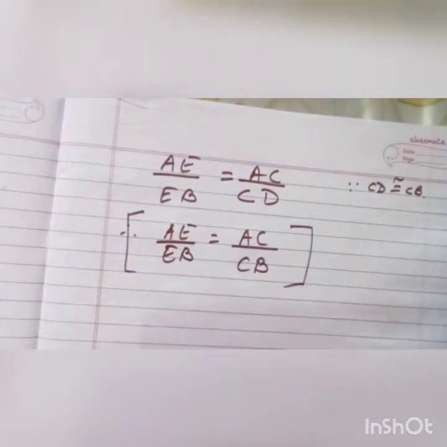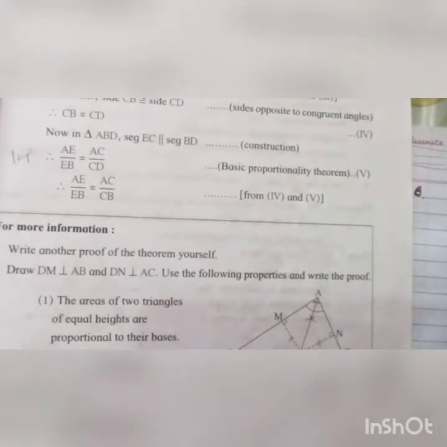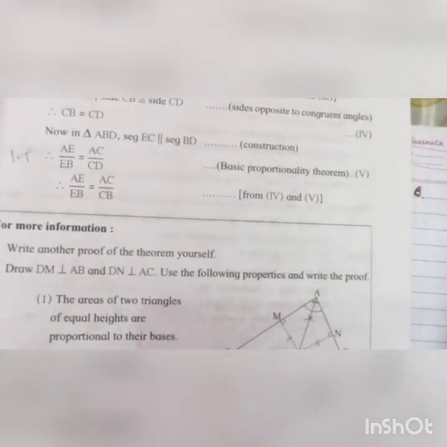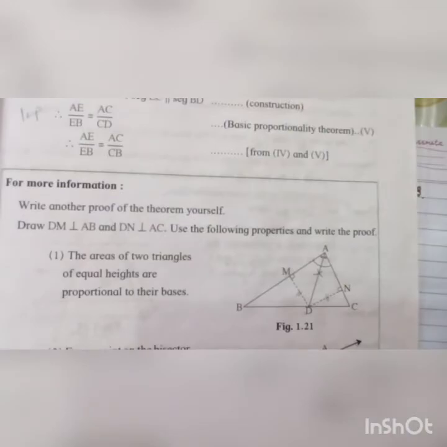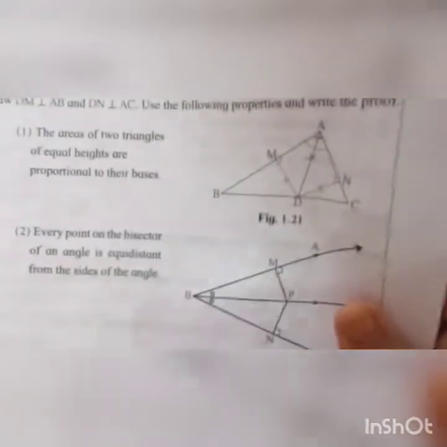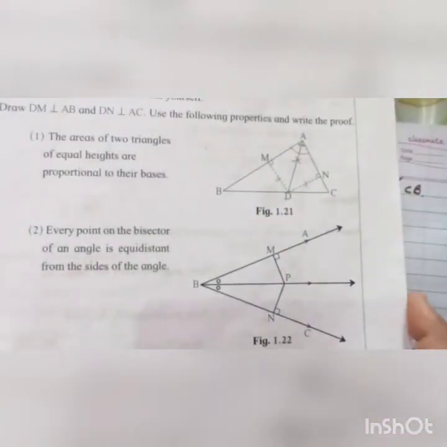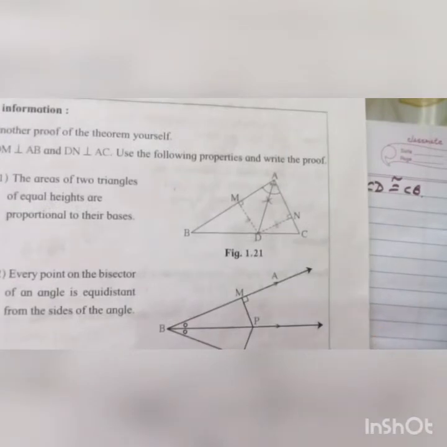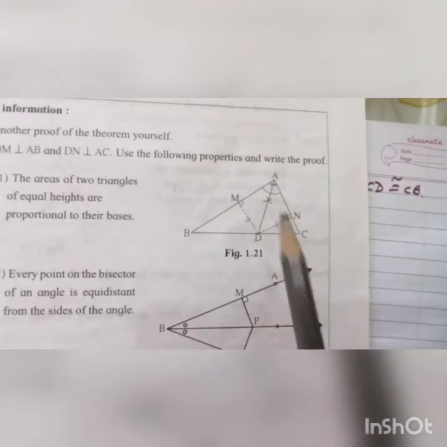Now you will prepare, write down this theorem in your classwork. Prepare very well. This theorem is very important. Now we will only apply this angle bisector theorem and see page number 9. In page number 9, we find figure 1.21. In this, which angle is bisected?